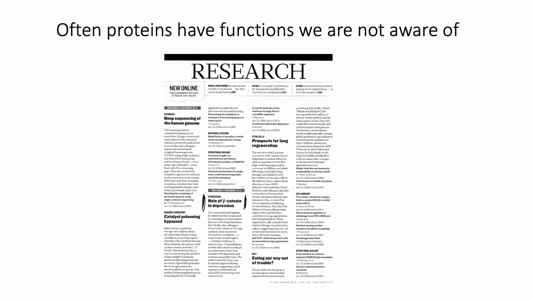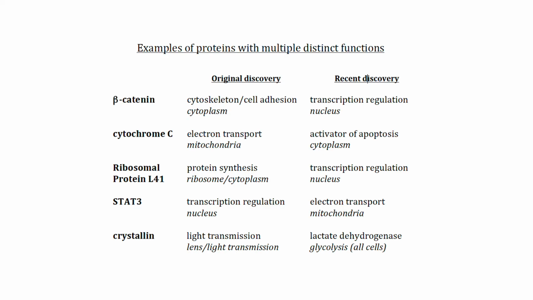So the name of the protein, or the name that's given, often is an impediment to looking at other possible functions. It's like we shoot ourselves in the foot, in a sense, by naming these things, because the name implies that that's the function, and then that's the only function. But I'm going to give you some examples of other proteins that have distinct multiple functions. It prevents research from being done in a sense.